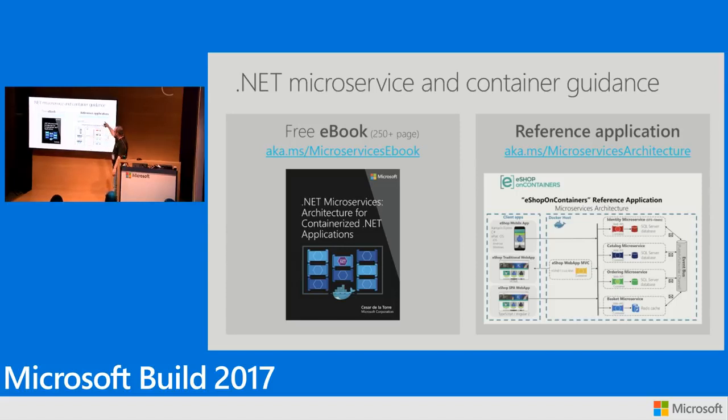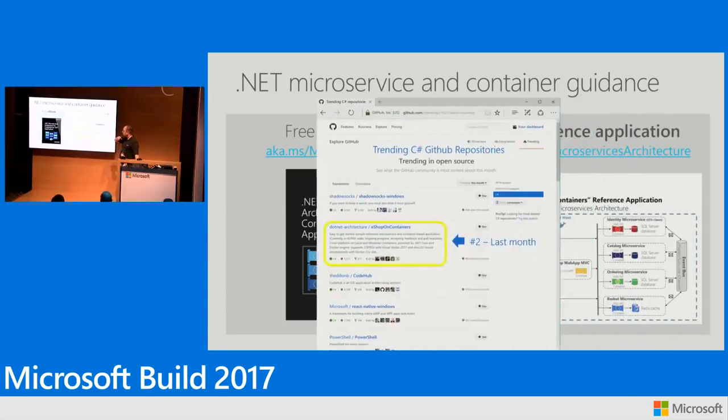And related to that ebook, which you can download as a PDF, we created a reference application, or sample application, using ASP.NET Core microservices and Docker containers. So anything we explain in that ebook is referenced to that sample application, and we're going to be talking about this as well.